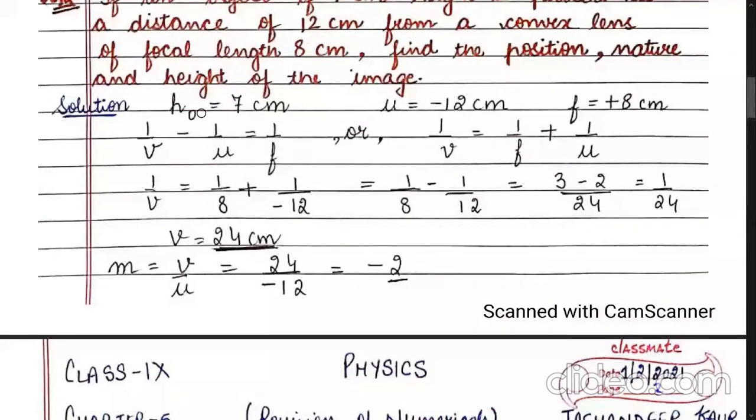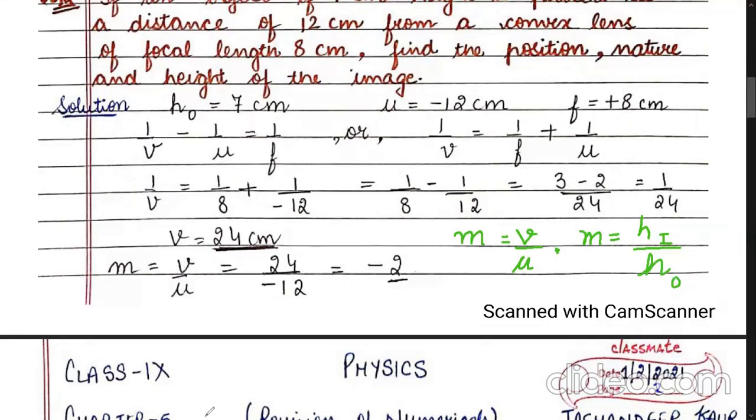Now the last part of the question was also find the height of the image. Students, we are having two formulas for magnification. One is which we have already used, that is V upon U. And there is one more formula which is magnification means height of image, I stands for image, divided by height of the object.